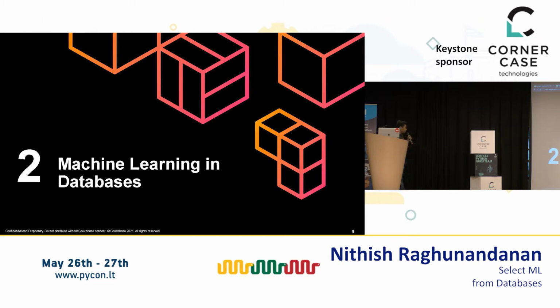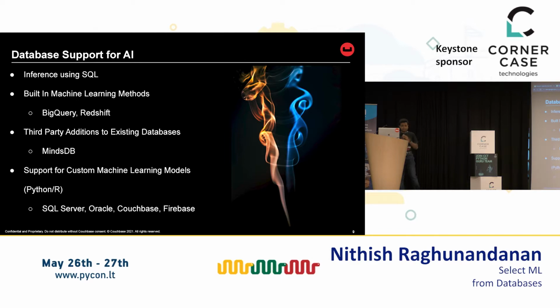So coming to the options for machine learning in databases. Currently, modern databases have adapted to the needs of the industry, and they are adding machine learning algorithms built into the database.